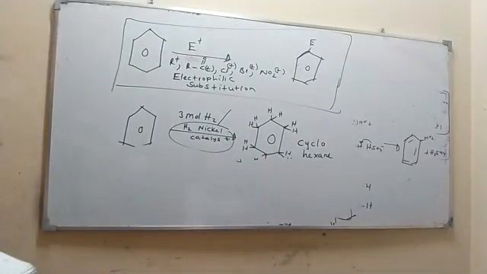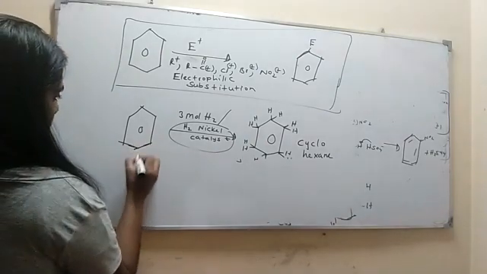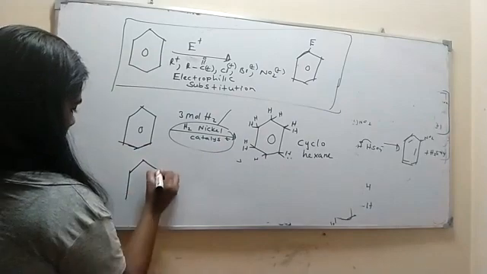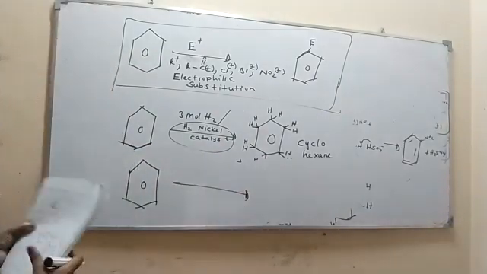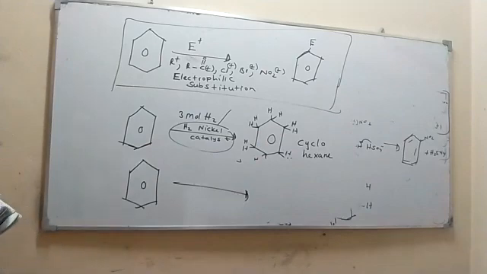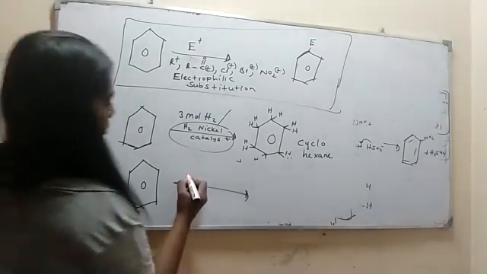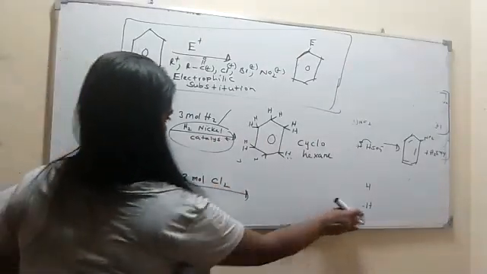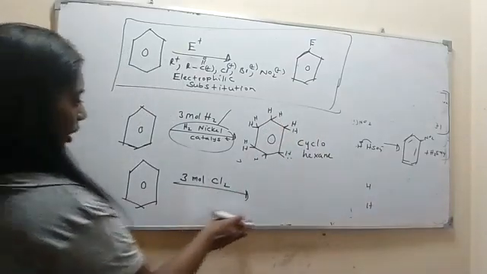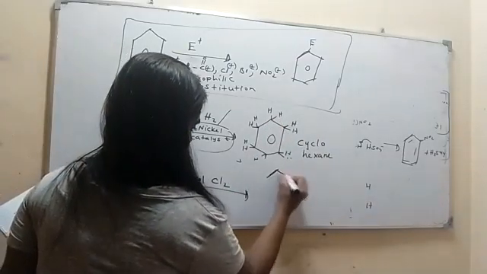So next one. We can add compounds like these to a benzene ring also. Here what we wrote is H2 in the presence of nickel catalyst, whereas I wrote 3 moles of hydrogen. Sometimes we can put 3 moles of chlorine. That is not a major reaction like this, but it is also one of the reactions of the benzene ring.